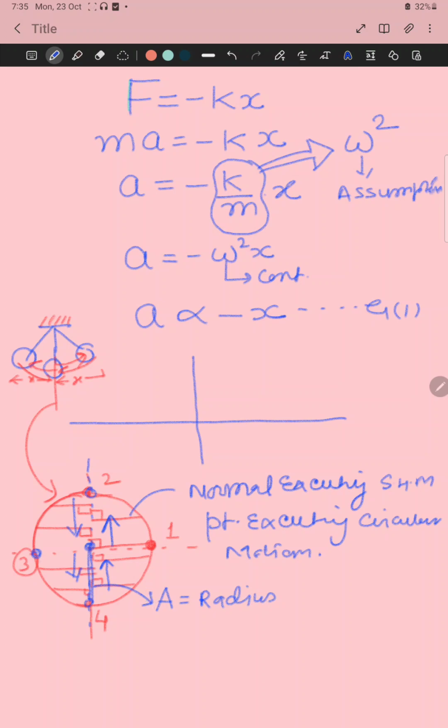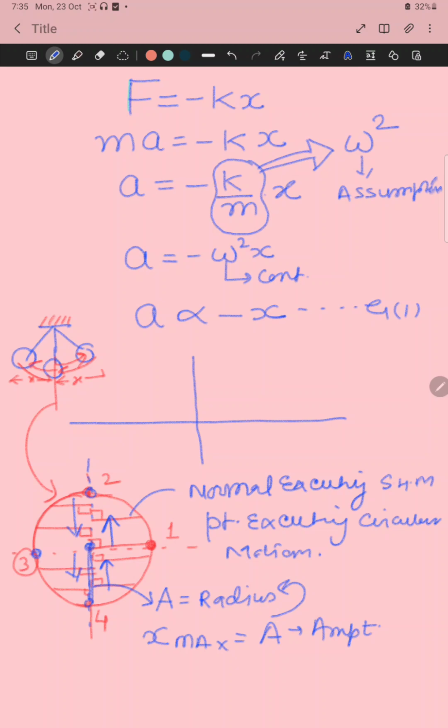What maximum can it go? Here we have seen on either side the particle executing its amplitude. Let's say x is variable and the maximum value of x would be a, the radius of the given circle, also called the amplitude. Maximum x would be a, that is the amplitude, and this is basically the radius of the given reference circle.